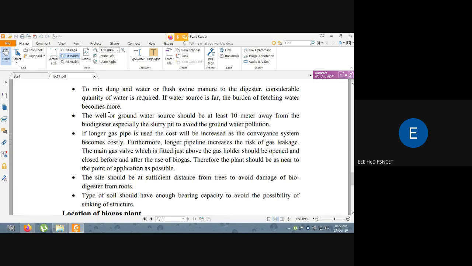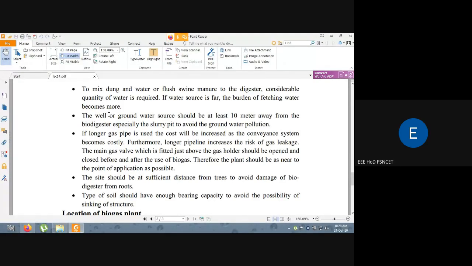Okay, so if we have a well or bore nearby the digester, it may cause water pollution. Okay, these slurries can enter the groundwater and mix with it. So the groundwater can be polluted.